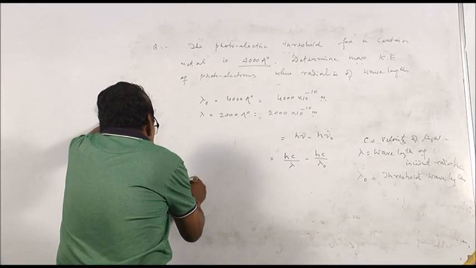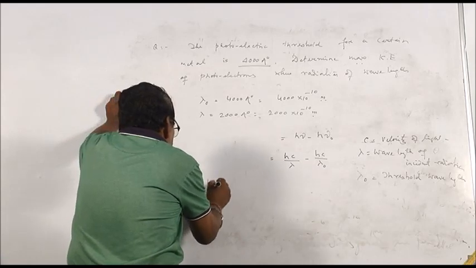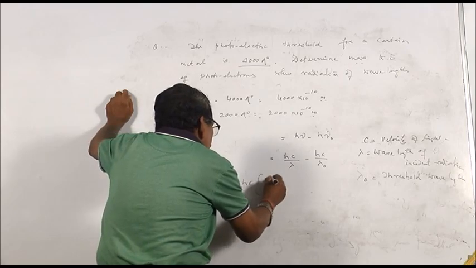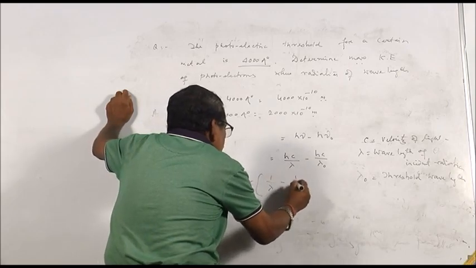So, the maximum kinetic energy, hc can be taken common, times 1 by lambda minus 1 by lambda 0.